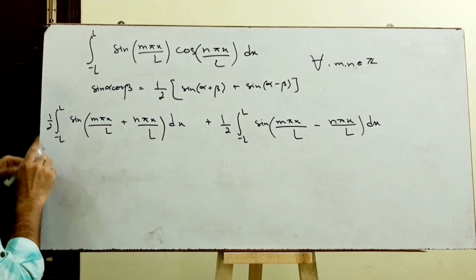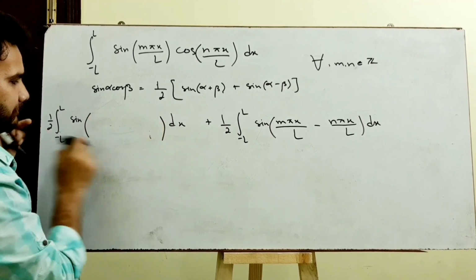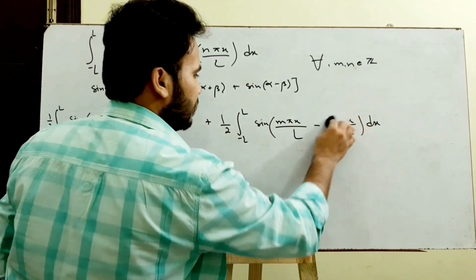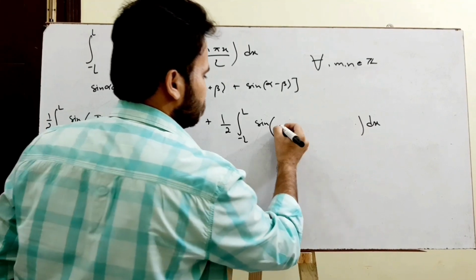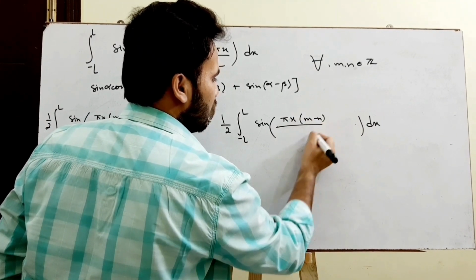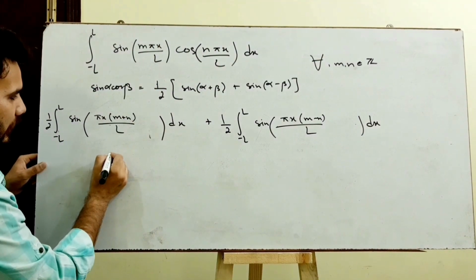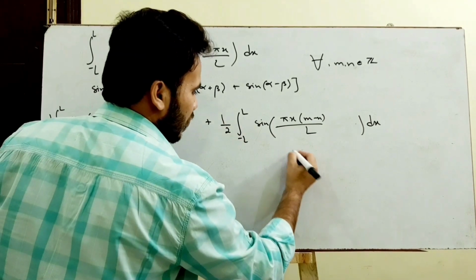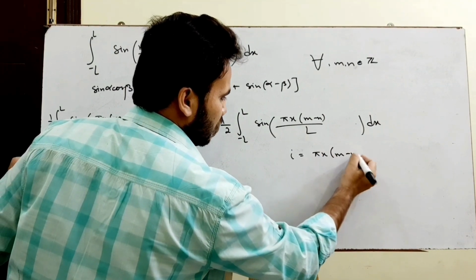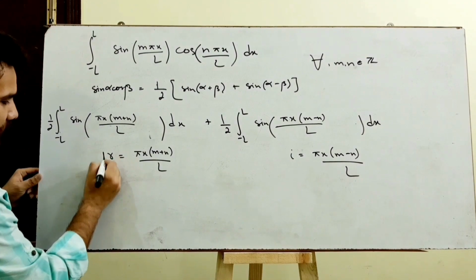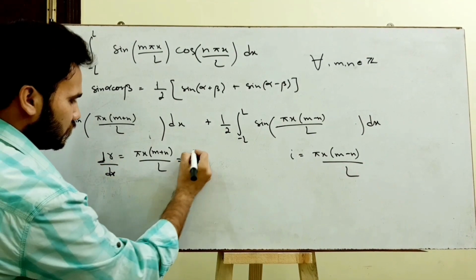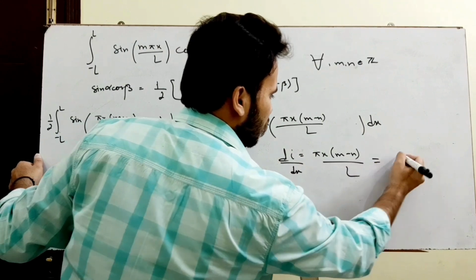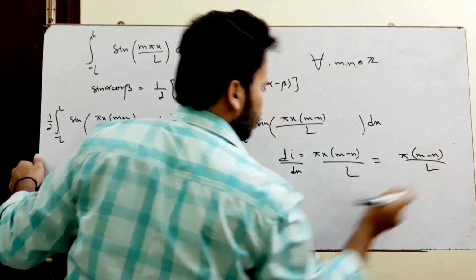So this will be pi x (m plus n) over L, and this will be pi x (m minus n) over L. Let r equal pi x (m plus n) over L, and here i equals pi x (m minus n) over L. Then dr by dx equals pi (m plus n) over L, and di by dx equals pi (m minus n) over L.